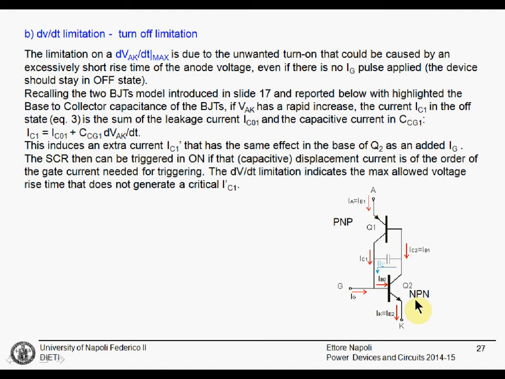And this means that this is a triggering current pulse for the thyristor. This means that if this anode to cathode voltage increases too fast, we are actually switching on the device without applying a pulse of current.